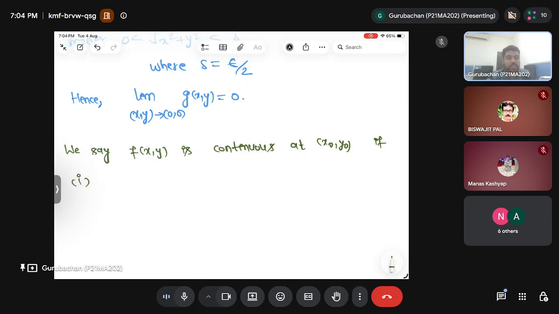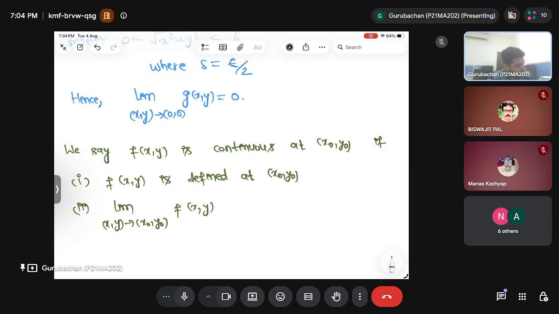The first condition is that f(x,y) is defined at (x naught, y naught). Defined means it should have some finite value, then only we can follow the discussion, na? Second point is that the limit as (x,y) tends to (x naught, y naught) of f(x,y) exists.